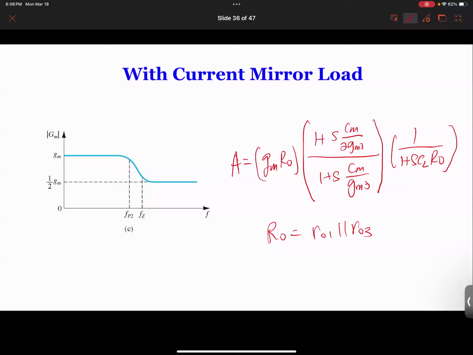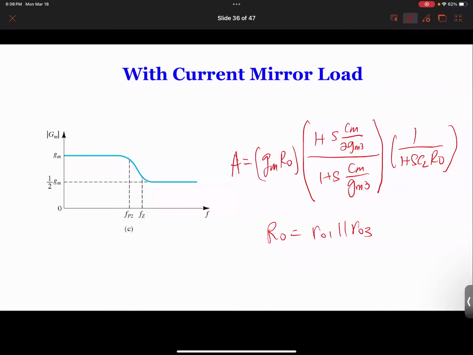Here you have two poles and one zero. If you look at the zero, it's interesting because the term is CM over 2GM, right? Which means the frequency of that zero is twice the frequency of the pole.